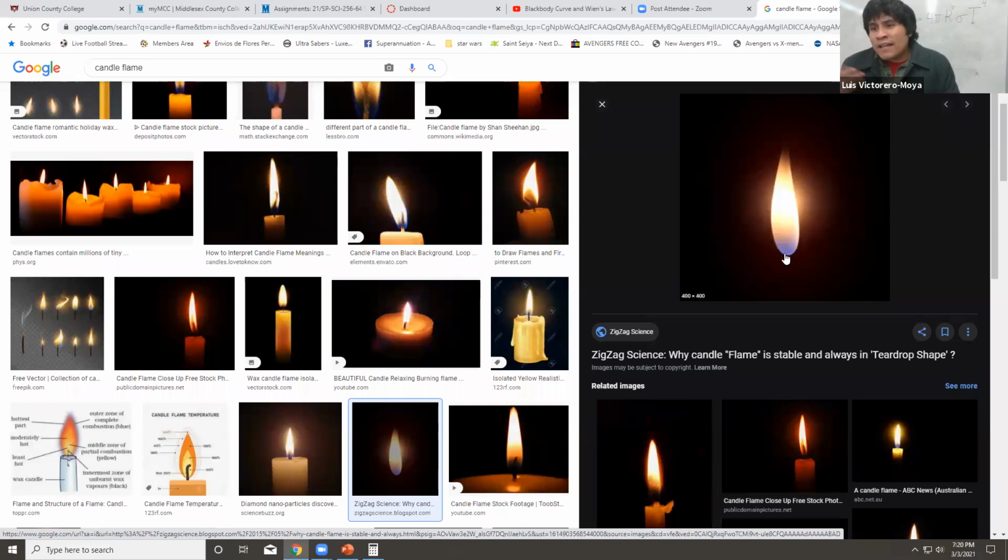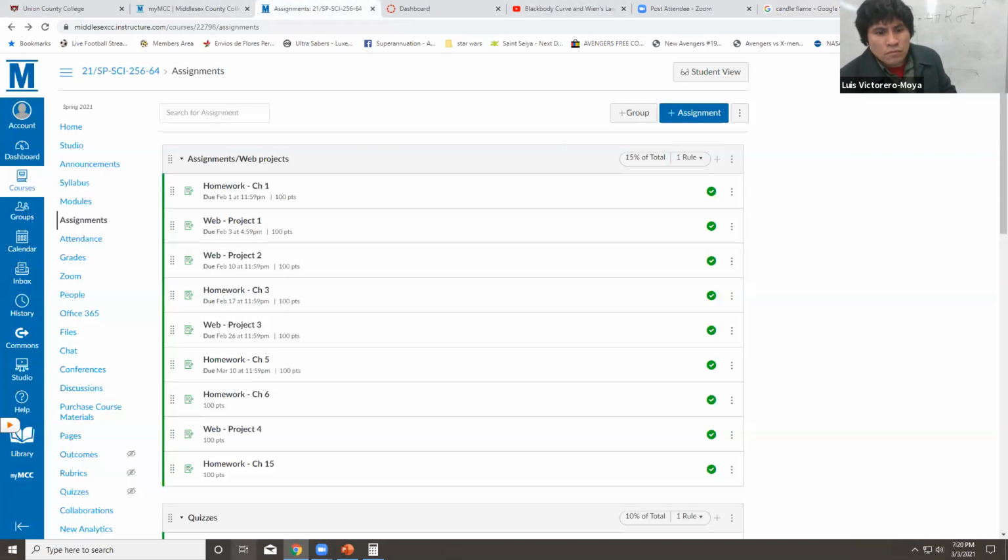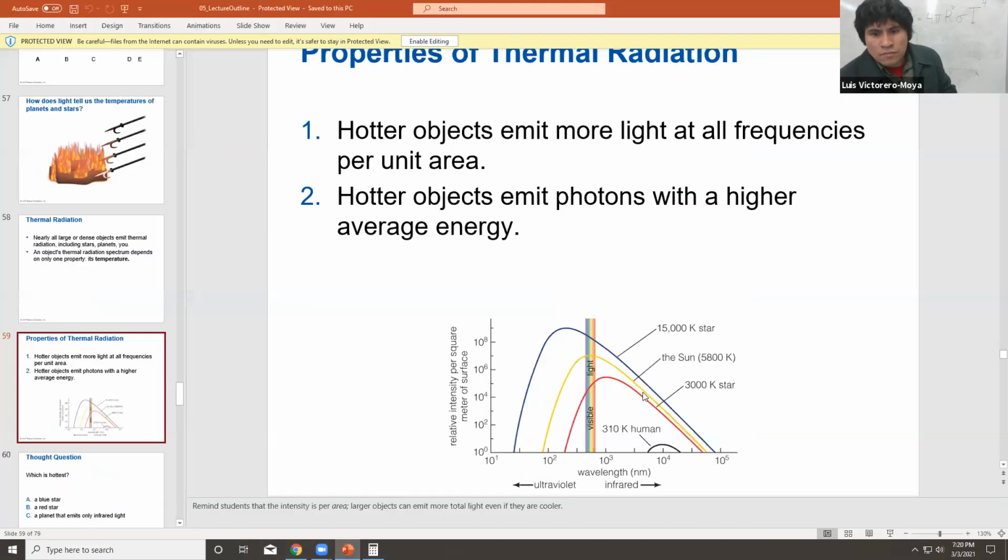We don't really say a star because it's a red dwarf, but it's still a type of star. And it's a reddish star with an average temperature of 3,000 kelvins approximately. So there it is. The lower the temperature, the higher the wavelength.